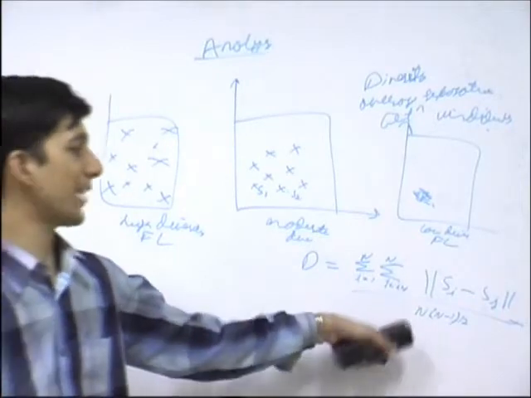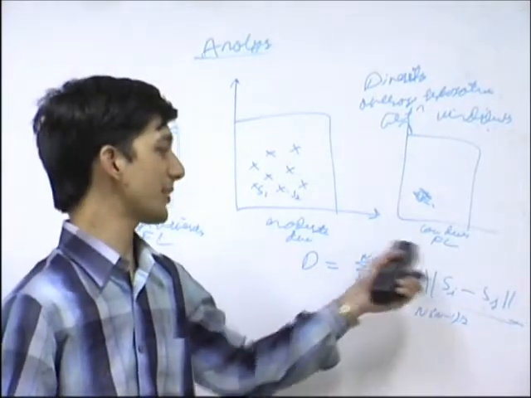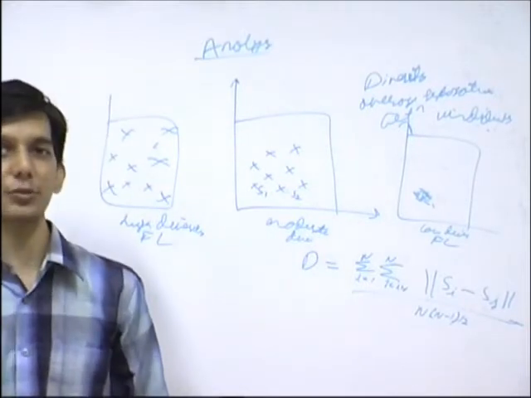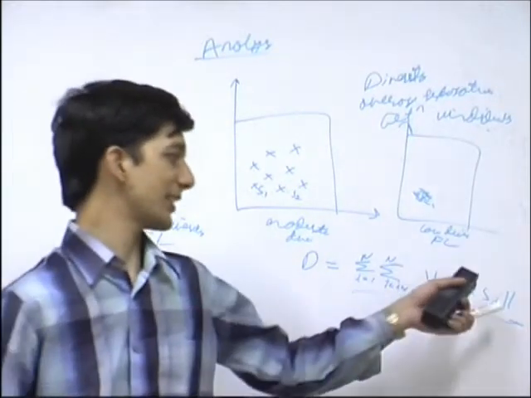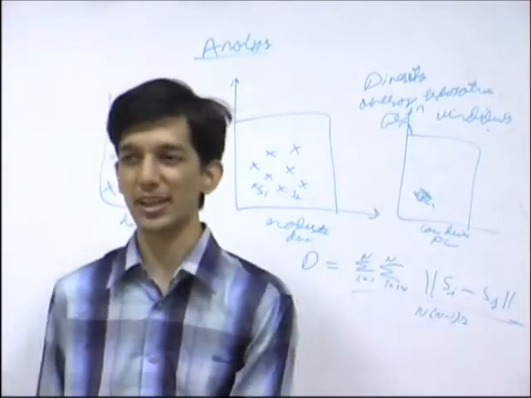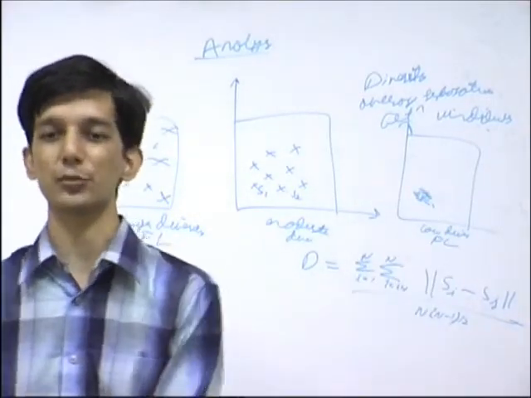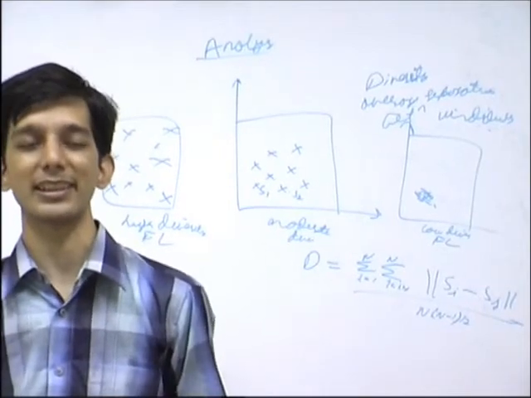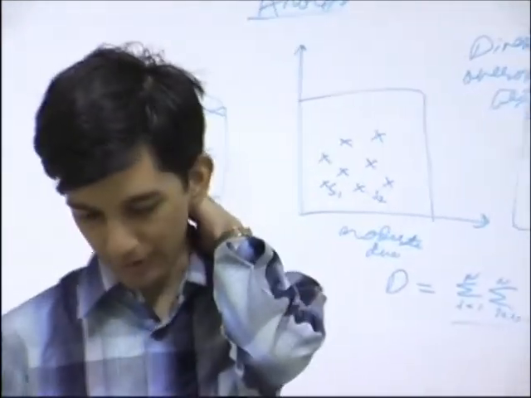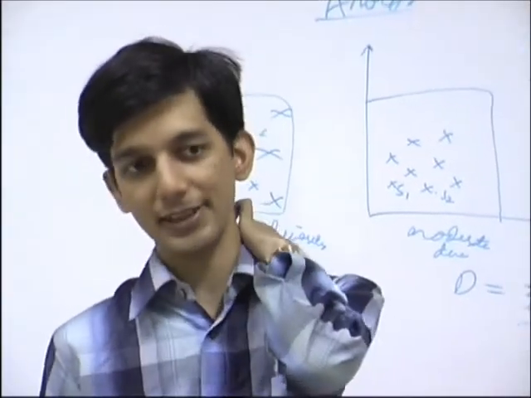So to take out the average, I have to divide by the number of terms I have added up. Alternatively, you can say the sum of |Si minus Sj|, i equal to 1 to n, j equal to 1 to n, divided by n squared minus n. That will be the number of terms. Automatically, you will get to the same thing. So this is what is known as the diversity.